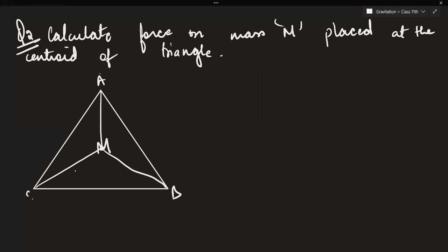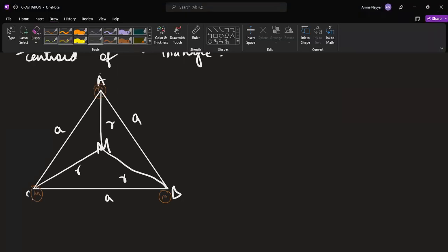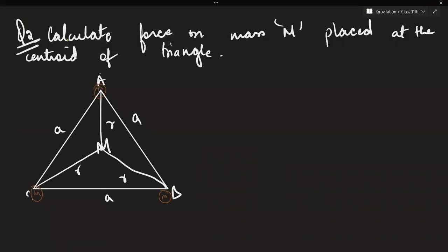So this distance R is mentioned. And this is an equilateral triangle of sides a. So see, how will we calculate? And there are point masses of mass small m kept at the vertices of the triangle. These are the things that are mentioned in the question. I have not mentioned them, but they are a part of the question only.